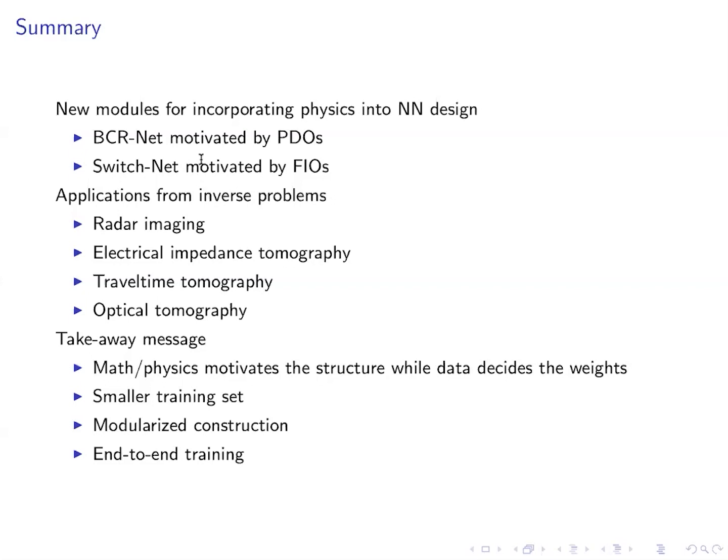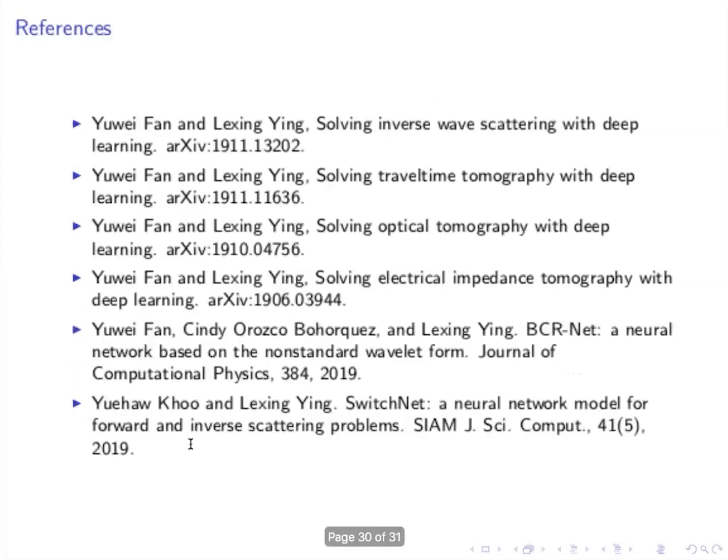The takeaway message is that invariance considerations often suggest quite effective neural network architectures. What we did is to use math and physics to decide the structure, and then the weights, the parameters of the neural network, are decided from the data. This allows us to work with a rather small training data set, and with end-to-end training, this gives us quite accurate results for all these inverse problems.